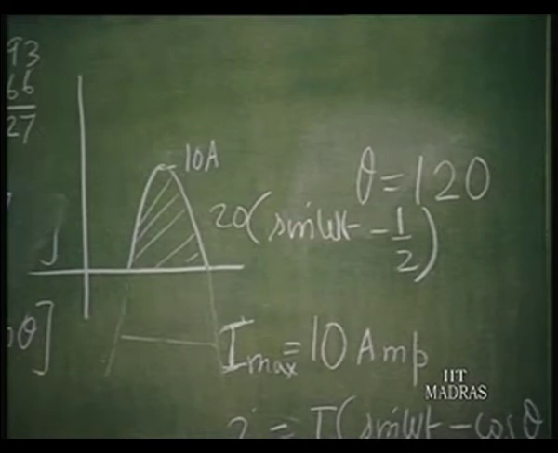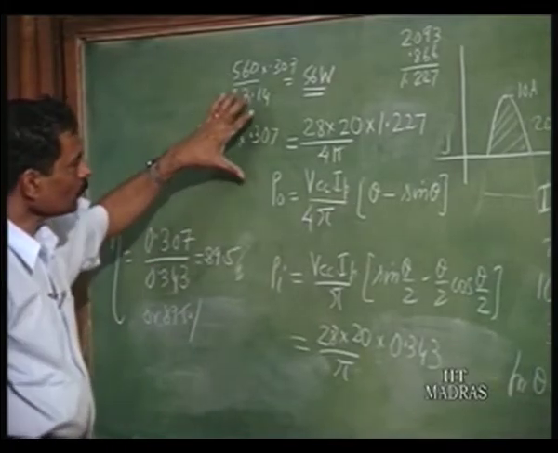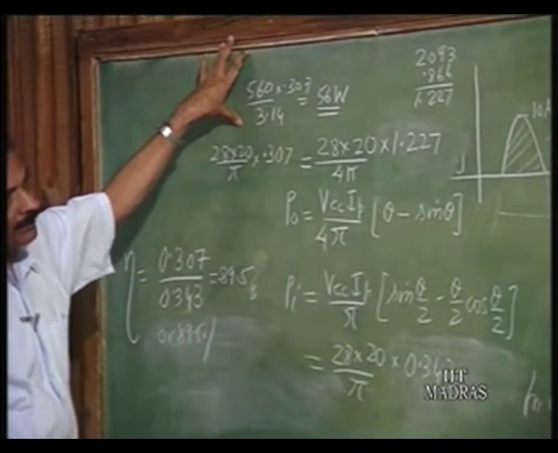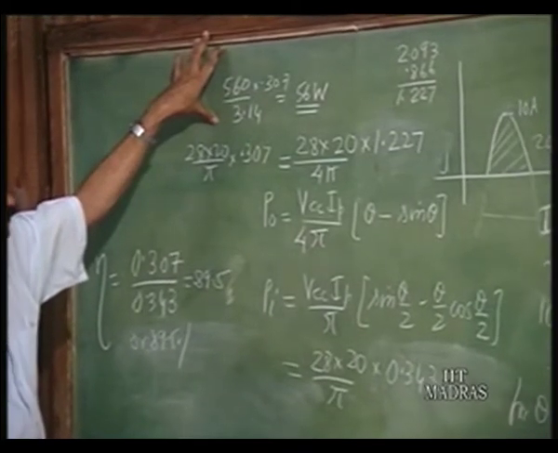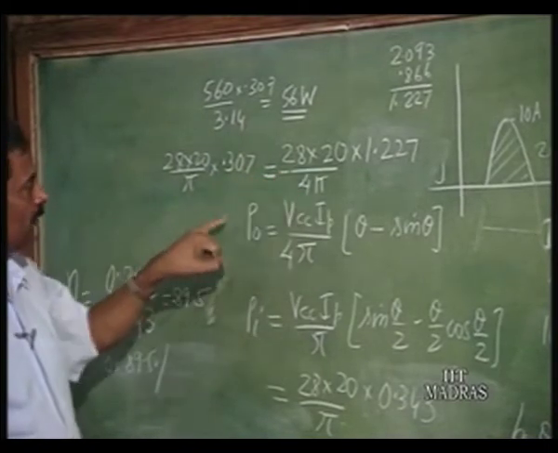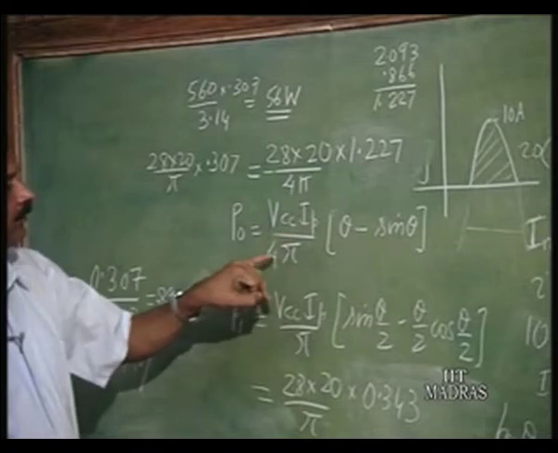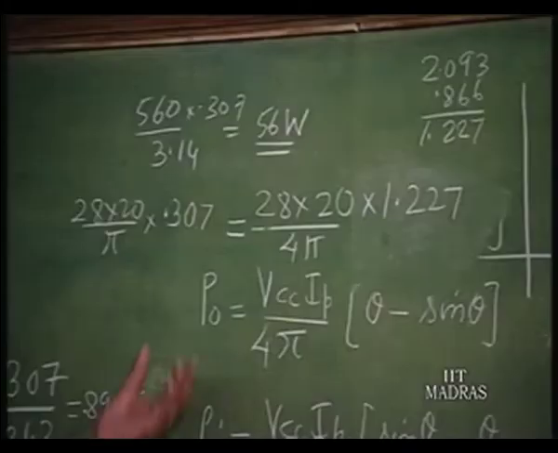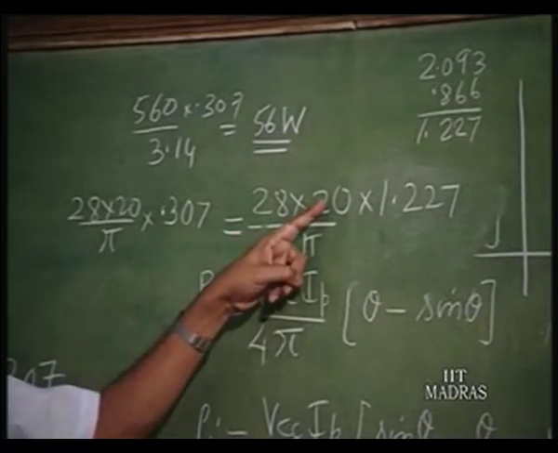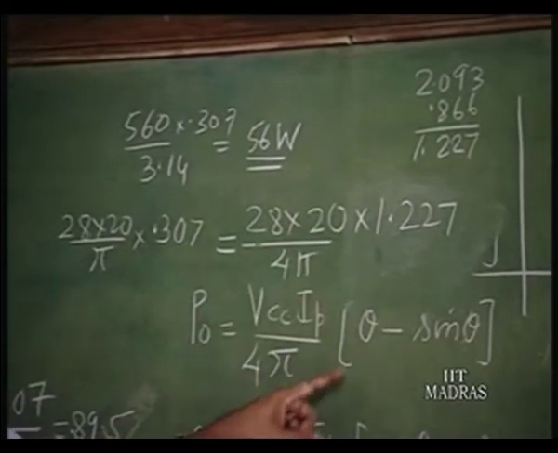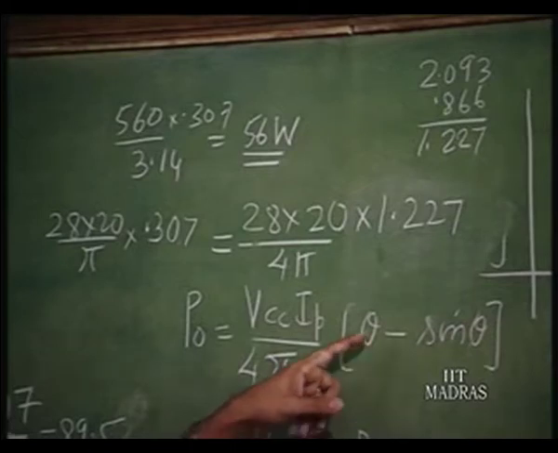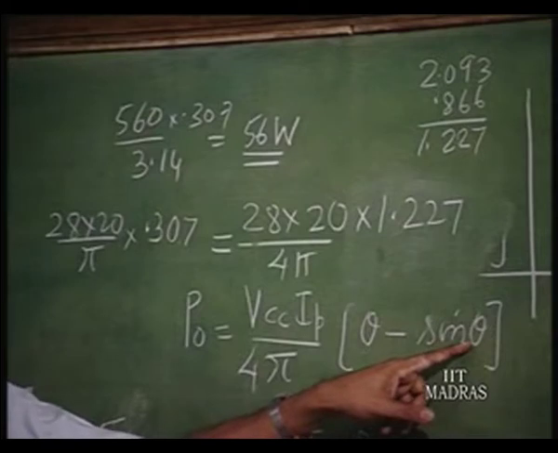Now, as far as the transistor is concerned, the voltage specification using 28 volt supply, 28 VCC into IP divided by 4 pi, theta minus sin theta, is the output power as derived by us last time. So, this is 28, this is 20 as calculated now, by 4 pi into theta being 120, which is 2 pi divided by 3 minus sin of 120.